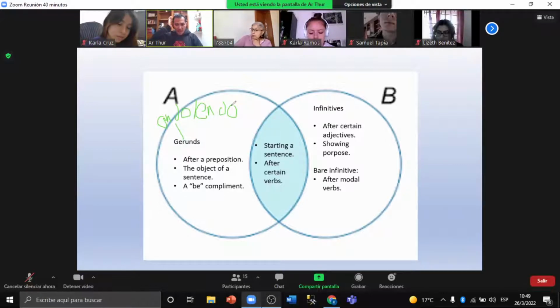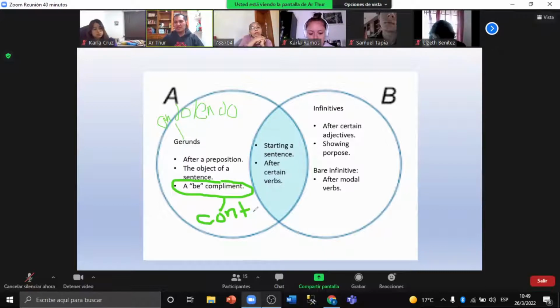And look at this. A verb complement, in this row, it says, is in continuous tenses.